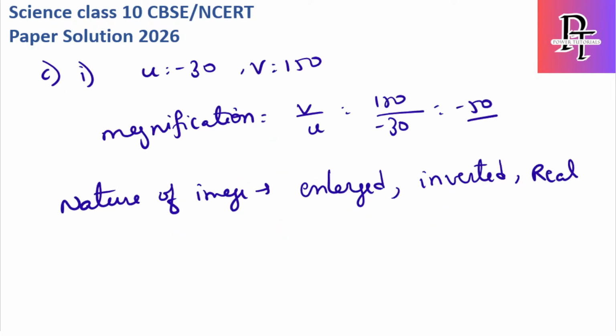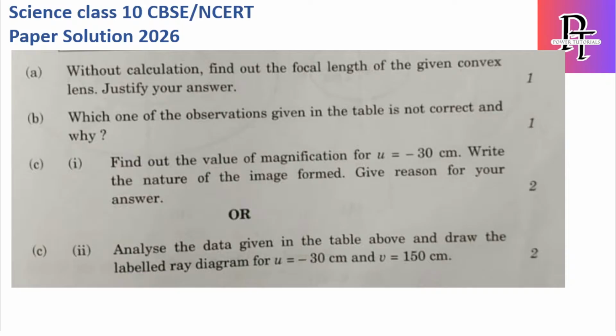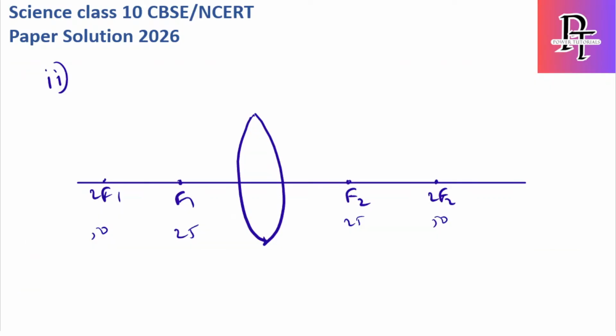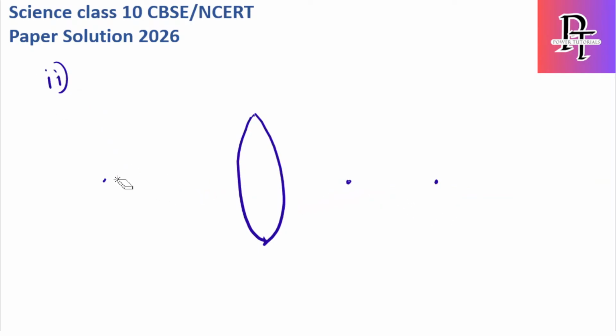Let's see the condition they have mentioned. u is minus 30, v is 150. Let me draw it smaller because I need to draw 150. Let me take smaller values.